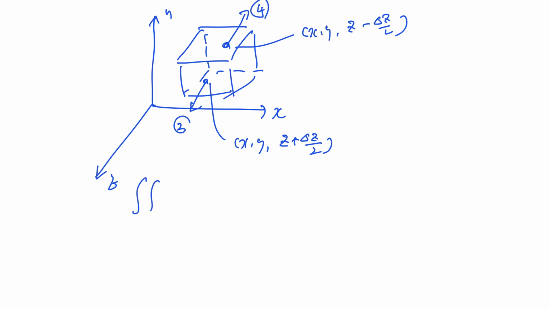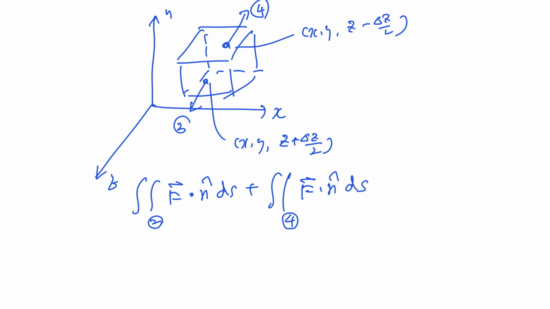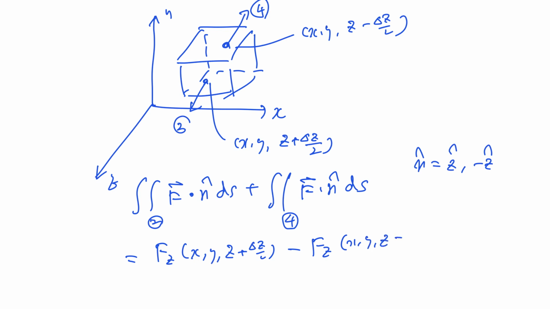So this integral over 3 and 4 of F dot n dS. The normal n is actually z, and minus z. So this is fz at x, y, z plus delta z over 2 minus fz at x, y, z minus delta z over 2.